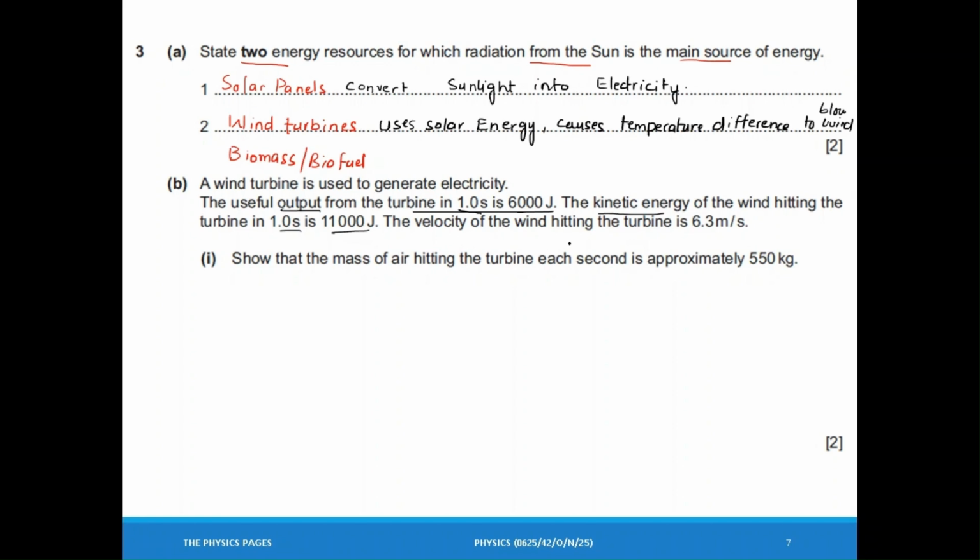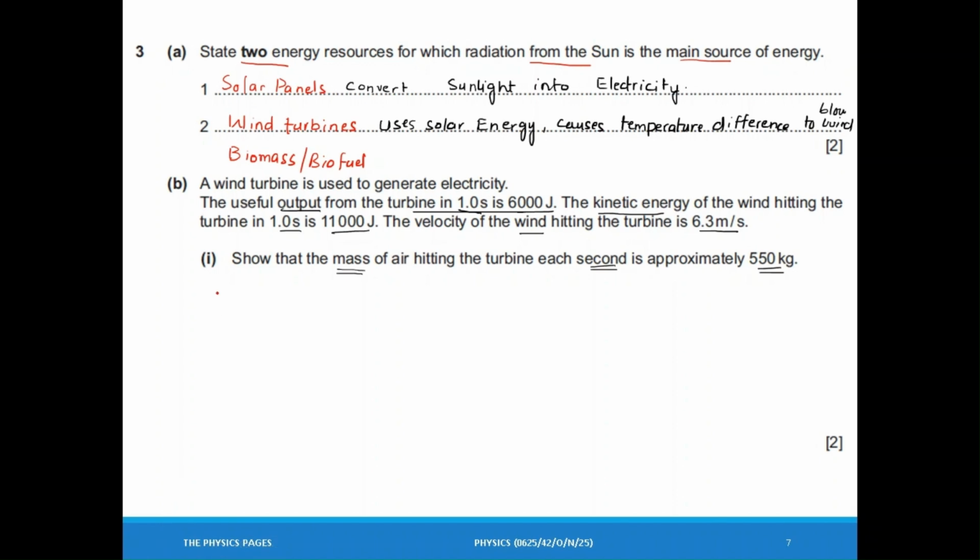The velocity of the wind hitting the turbine is 6.3 meter per second. The first part says show that the mass of air hitting the turbine each second is approximately 550 kilogram.